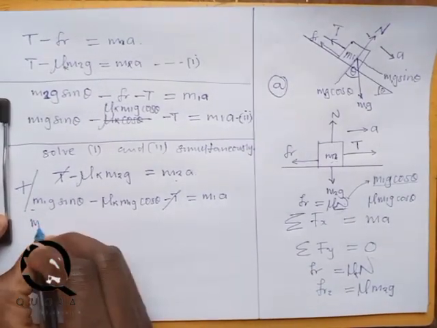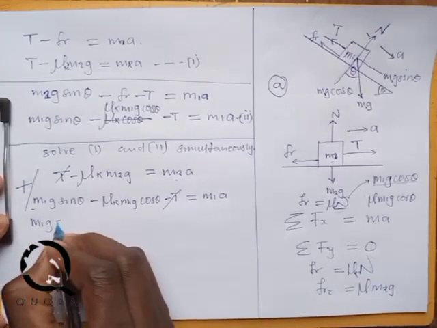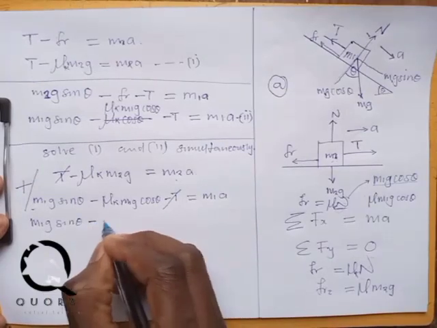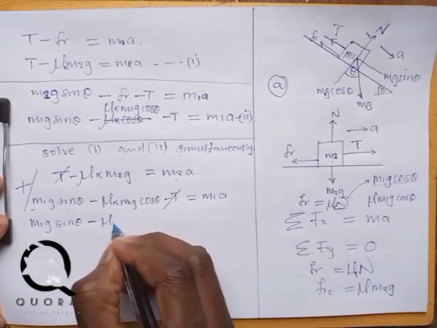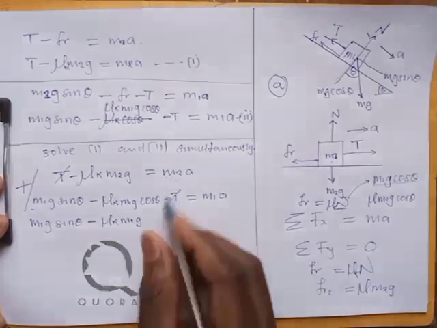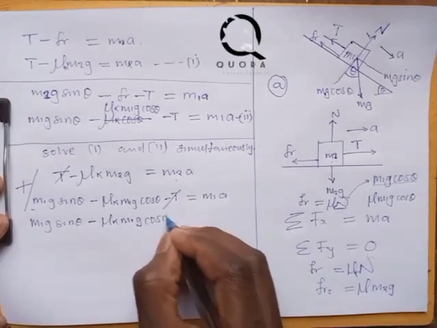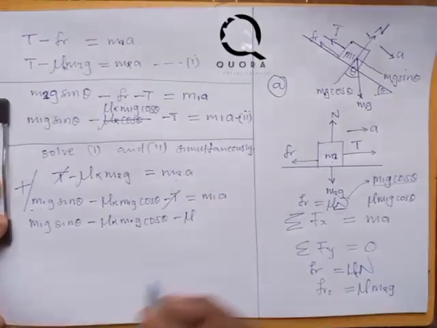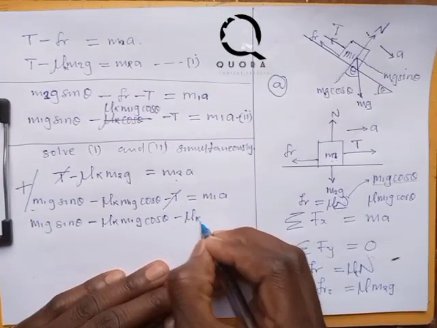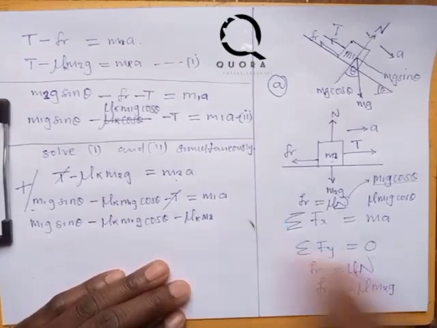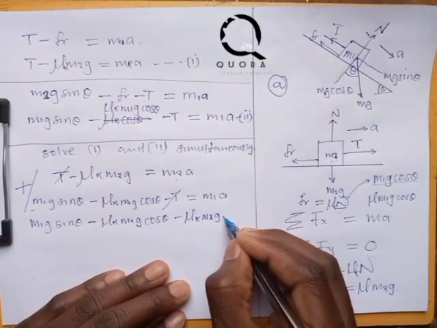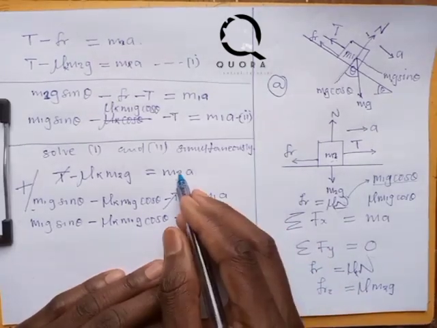I'll say M1 G sine theta, minus mu K M1 G cos theta, minus mu K M2 G. I'll equate these to the sum of the right side.